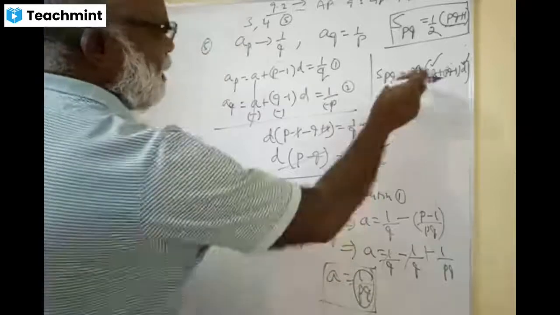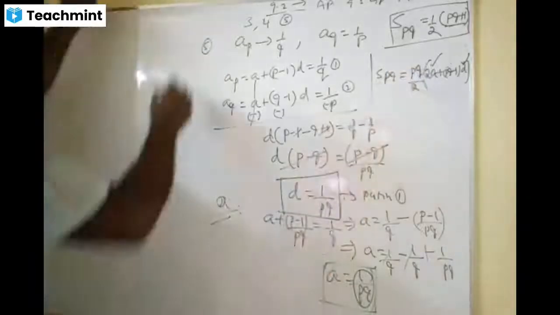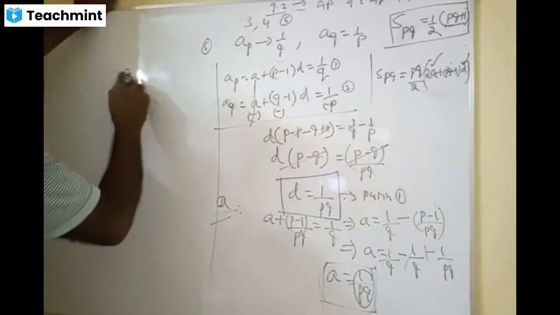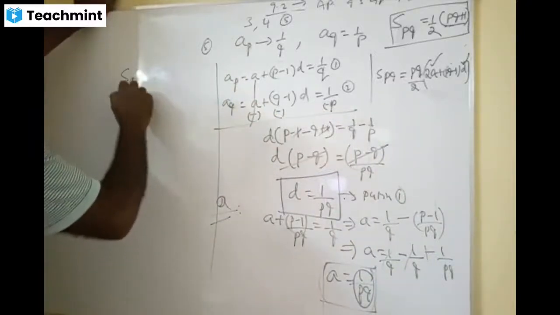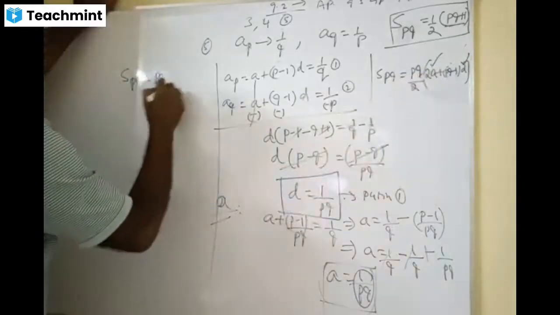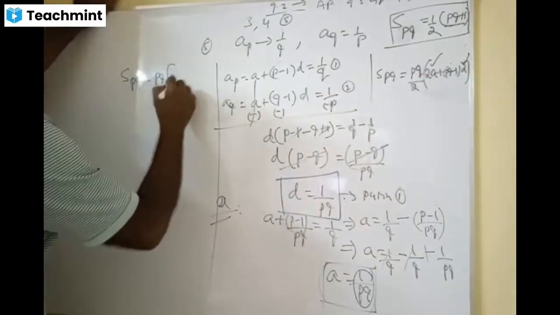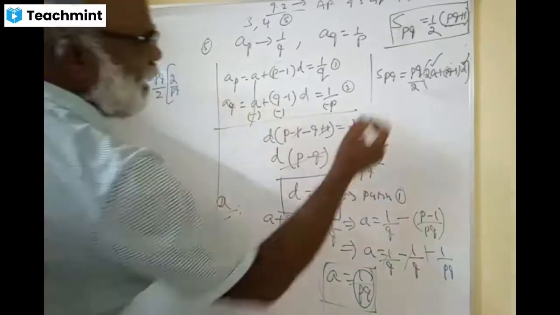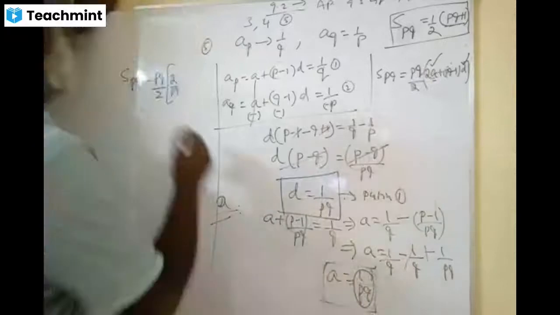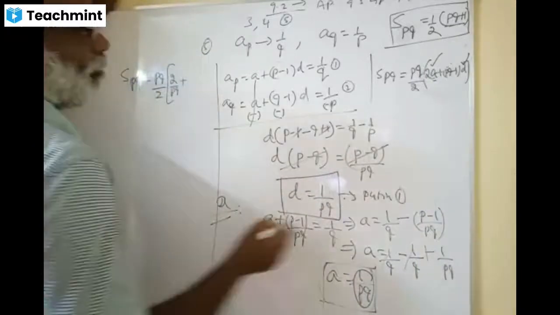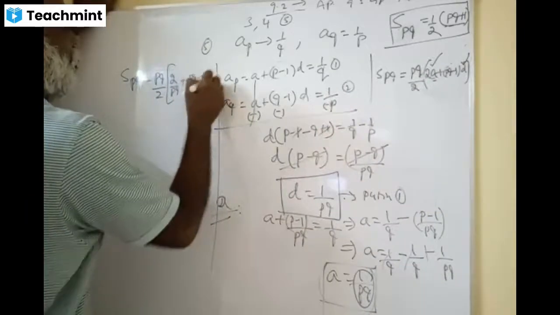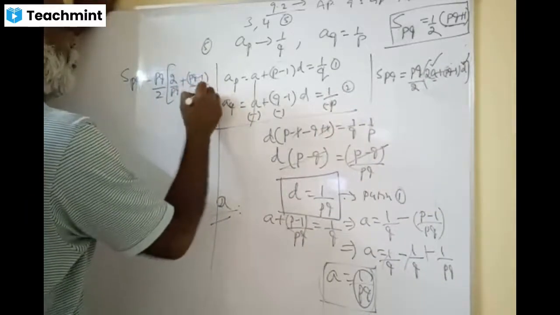So you just take this SPQ formula and substitute in that. SPQ formula is PQ by 2 into 2A, that's 2 by PQ, plus PQ minus 1 times D, which is also 1 by PQ.